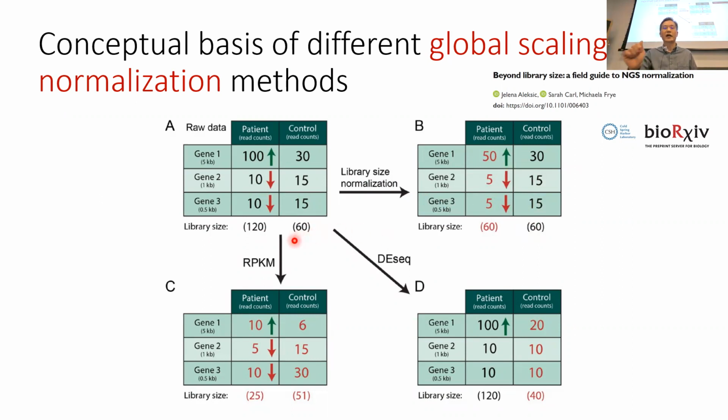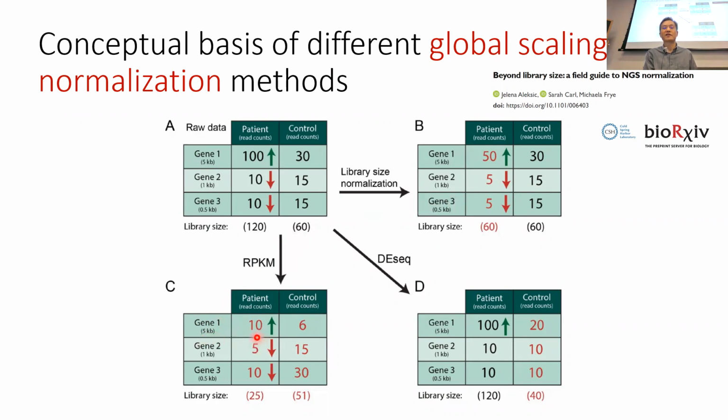In traditional RNA-seq analysis, we also consider the length of the gene. For example, in the C panel, this is called the RPKM normalization. We not only normalize by library size, but also divide the expression level by the length of the gene.